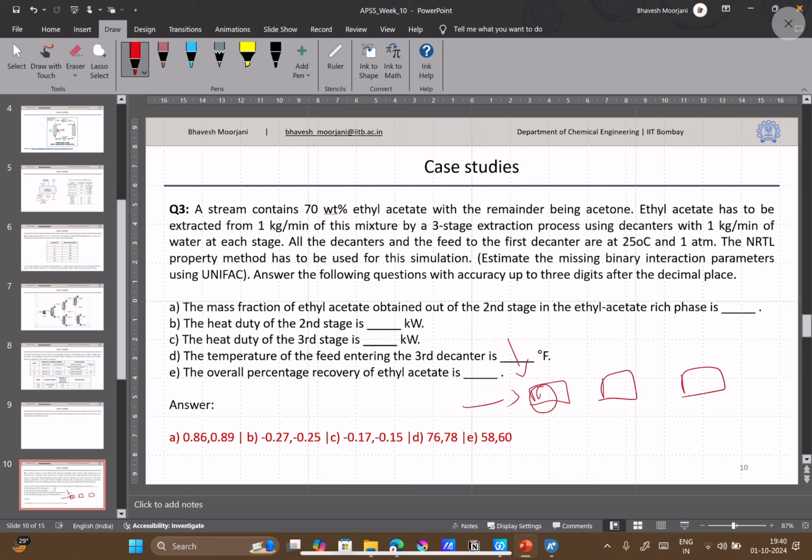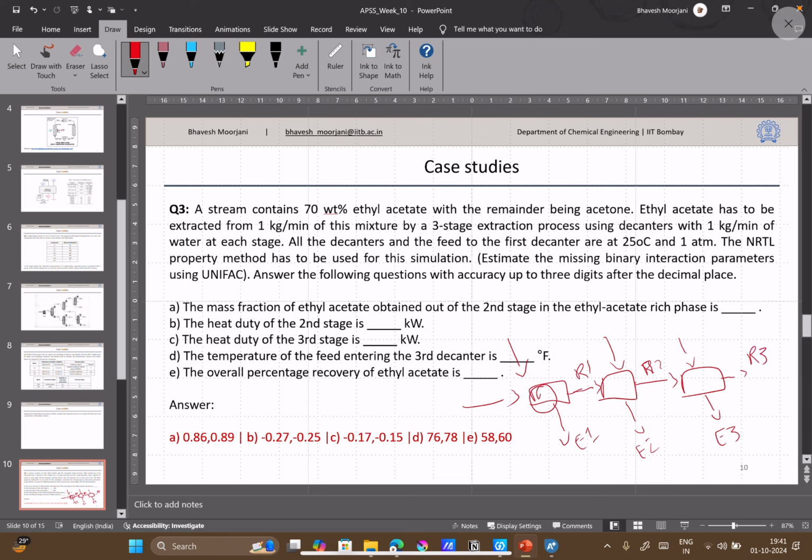Now in the decanter, the extraction process will take place, and you will have some separation. Two phases will separate out because of the liquid-liquid phase equilibrium. Raffinate will go to the next column. You will have one extract, E1, here. To that raffinate, solvent will again be added, and you will get extract 2 from the second decanter. The raffinate of the second decanter will again go to the third decanter, where water is added again, and you get the third extract and the last raffinate.